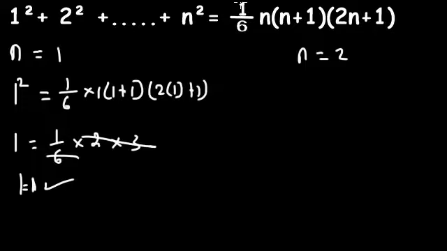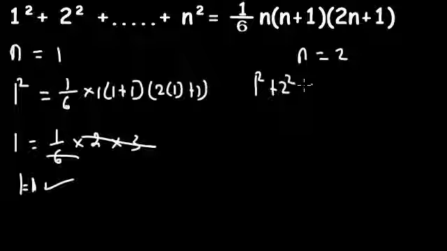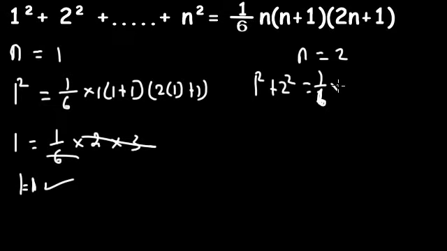So this passed. The next one is when n is 2, where we have at the left hand side, we are considering the first two terms, which we have right here to be 1 squared plus 2 squared. And for the right hand side, we plug in 2 for the value of n. So we have 1/6 times 2 plus 1 times 2 times 2 plus 1.